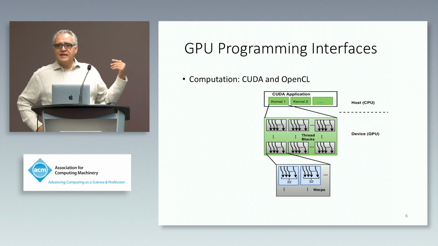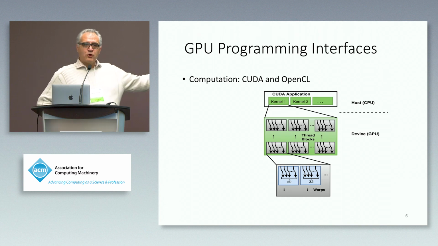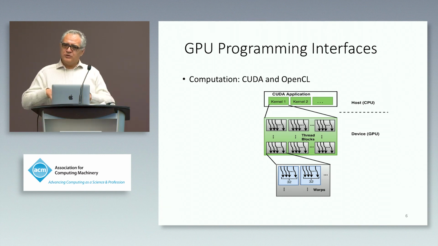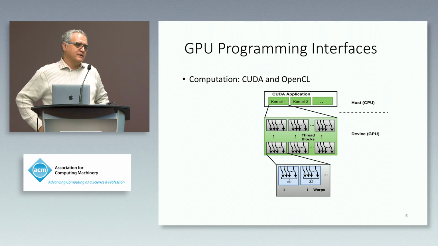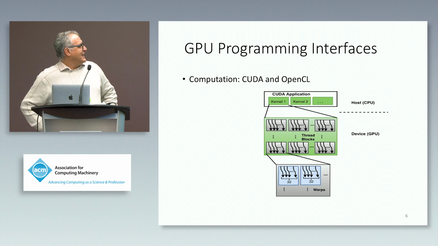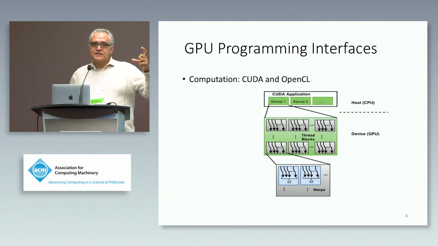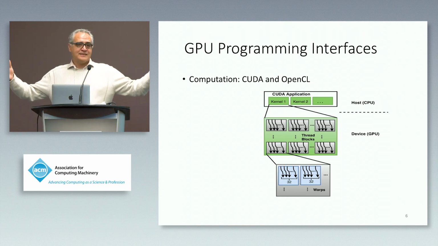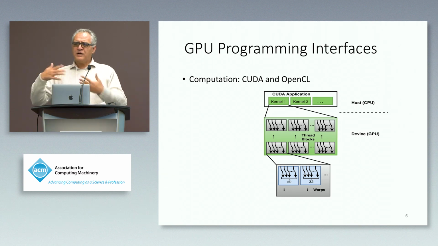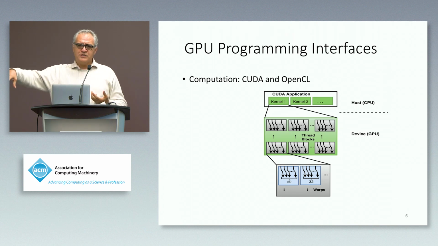On the computational side, the programming language is CUDA from NVIDIA, or OpenCL, which is supposed to generalize to a whole lot of different accelerators, GPUs and others. You program using kernels, and the kernels can be a bunch of threads. Let's say each thread is operating on a pixel in an image. They get scheduled by 2 hardware schedulers to eventually run on the GPU.